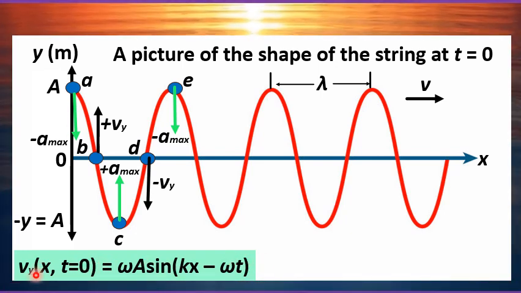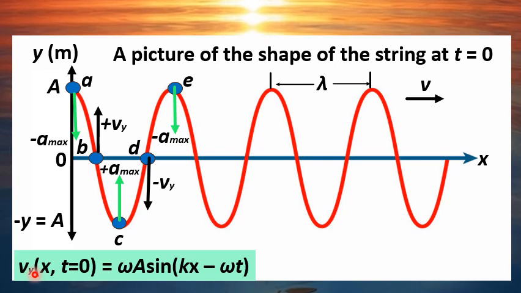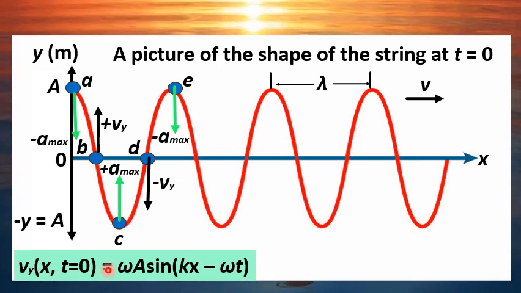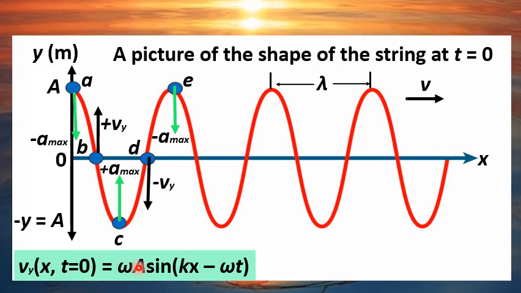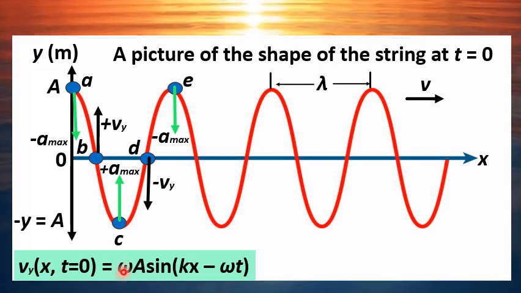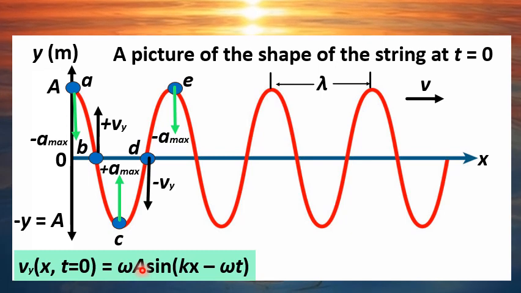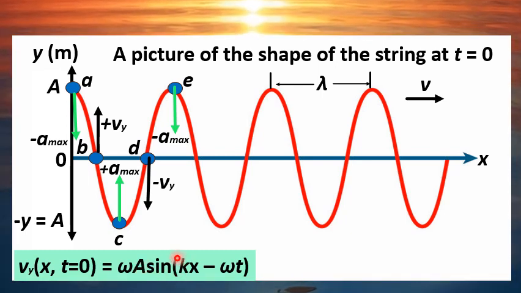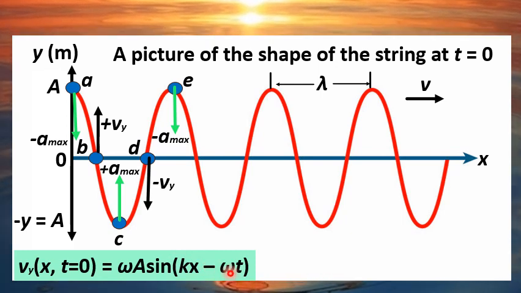So v sub y, as a function of x and time t, is just equal to the product of the angular frequency omega, the amplitude capital A, and the sine of (kx minus omega t).